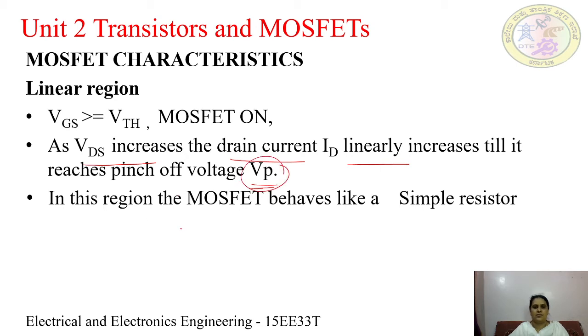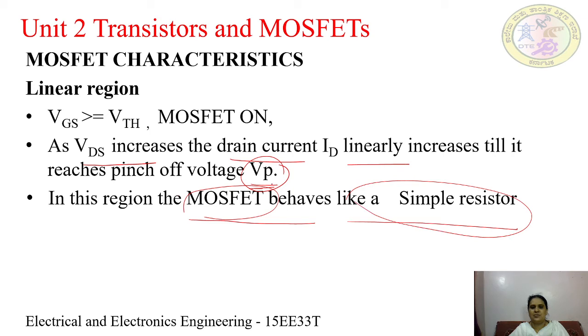Afterwards, the MOS behaves like a simple resistor. So the MOSFET in the linear region behaves like a simple resistor. So what is the pinch off voltage? It is the voltage at which the drain current stops increasing linearly, or the drain current becomes constant.